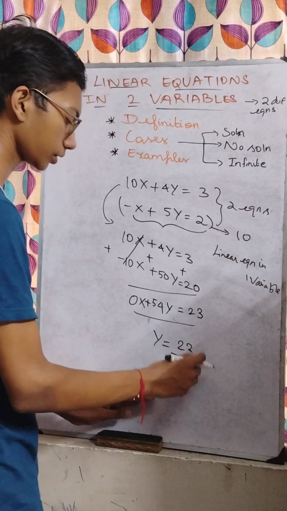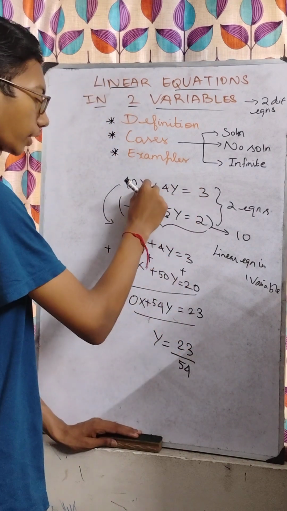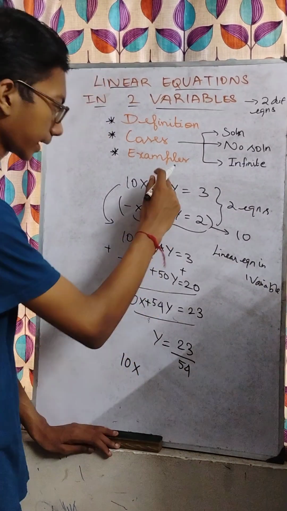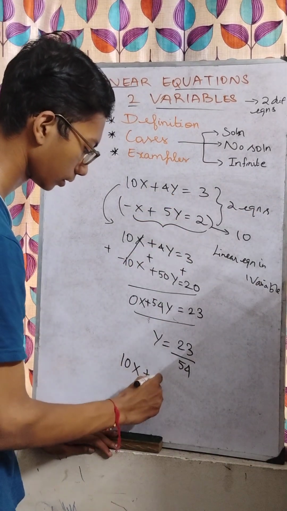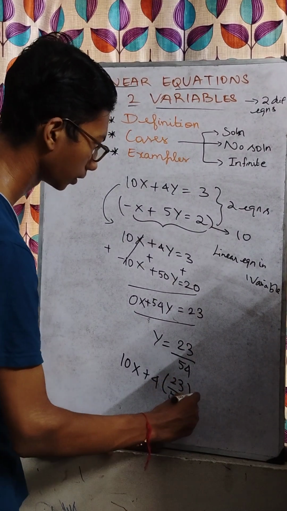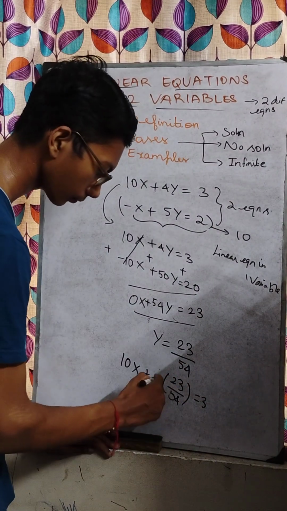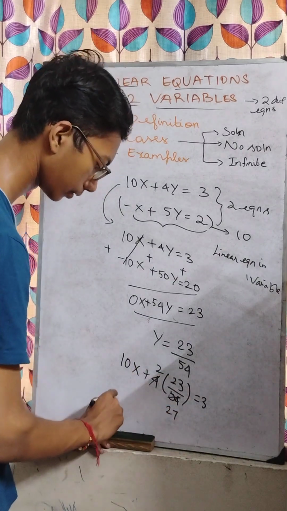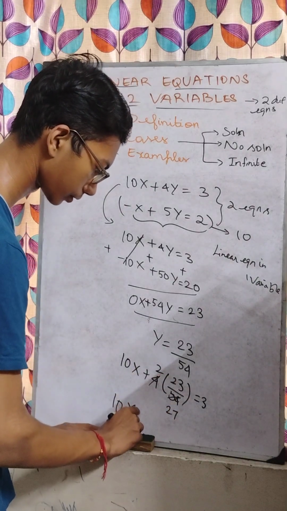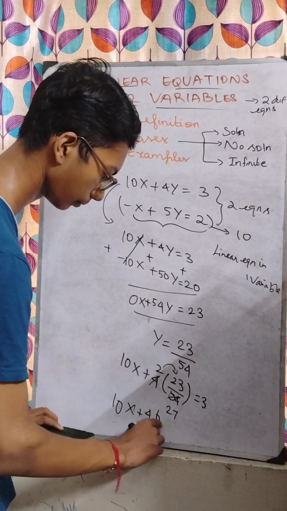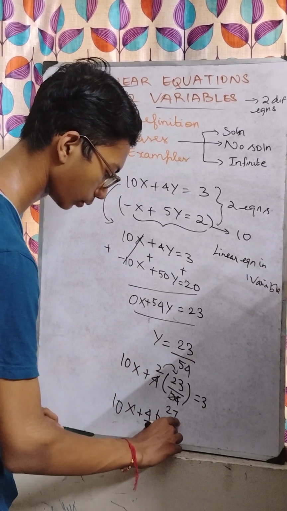If we substitute this value in this, we can find the answer for x. We can take either of these two equations. 10x plus 4 times 23 by 54 equals 3. In the 2 table we have 27. So 10x plus 46 by 27 equals 3.